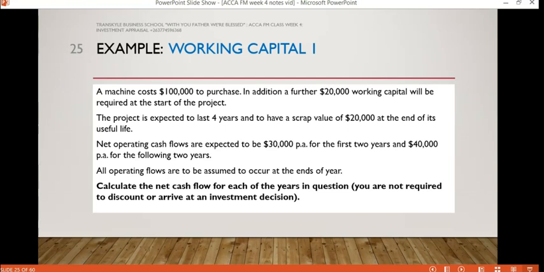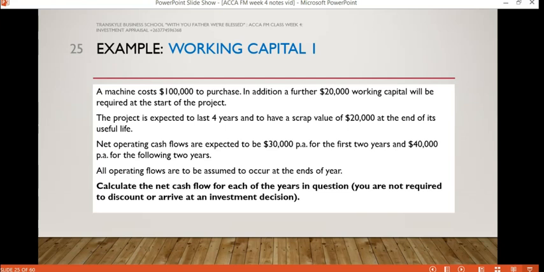You just have to pay once at the start of the project, and at the end of the project, it is assumed that you recover that money back.